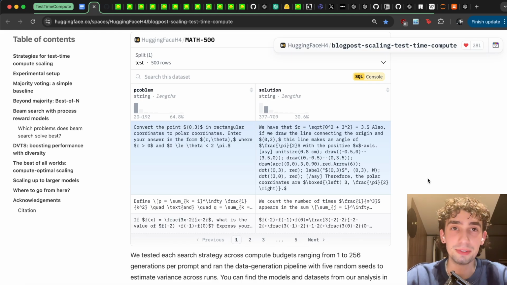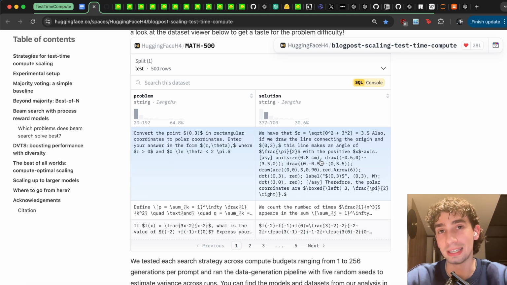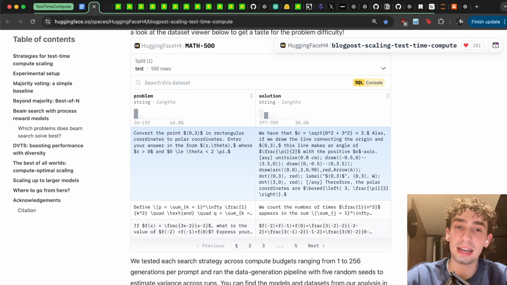The reason I believe that math, or different STEM fields, and coding is a clear area of focus right now for these models and for these setups is because verifying math and verifying code is relatively simple. Math questions have a solution and they have a way to get to the solution. So we can very easily verify these steps along the way, as well as a correct or wrong answer.